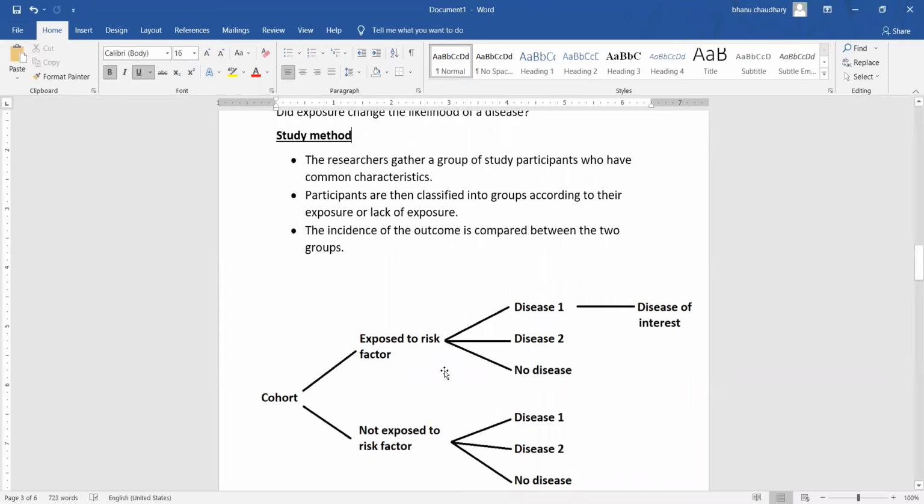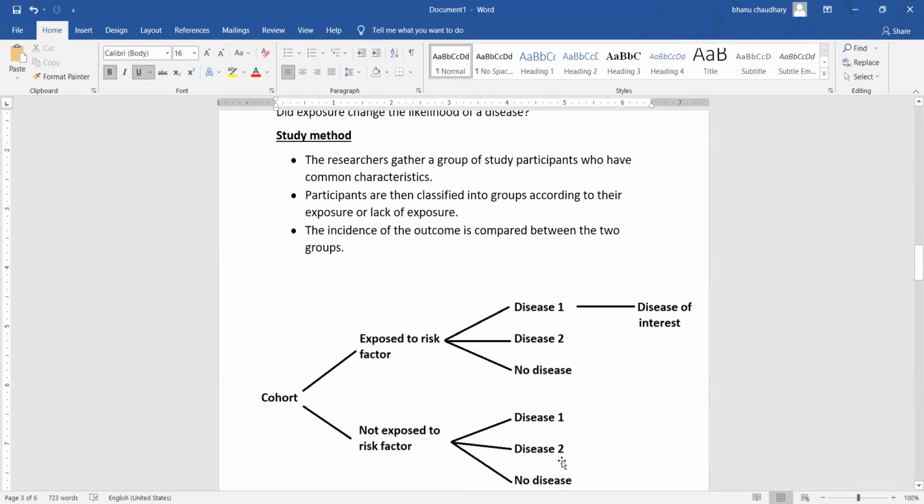So a certain risk factor can actually cause one, two, three, or many diseases. For the disease 1, let it be lung cancer. The disease 2, let it be esophageal cancer, right? And similarly, those who are not exposed to the risk factor can develop similar diseases like lung cancer and esophageal cancer.